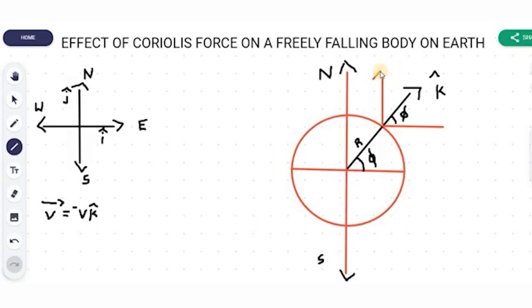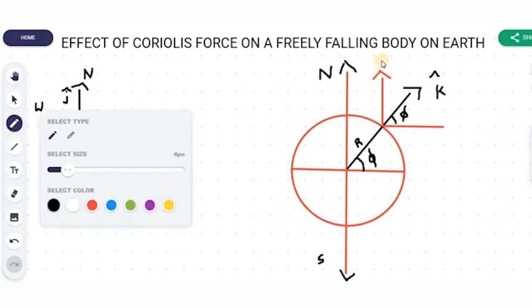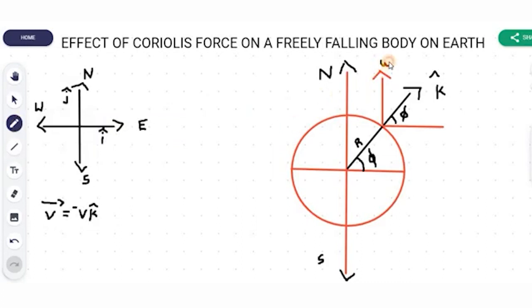Okay, that will be in this direction, and I'll name it as omega. It is actually vector omega. So naturally this total angle will be 90 degrees. This is phi, which means, what is this angle?